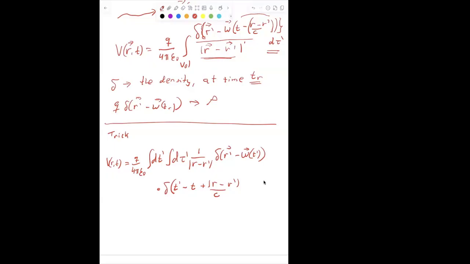Oh, sorry. First of all, here we have the absolute value, and here I have the absolute value, r minus r prime.